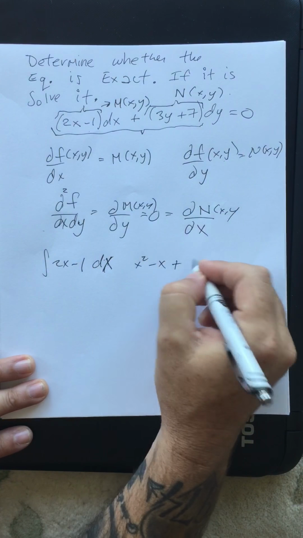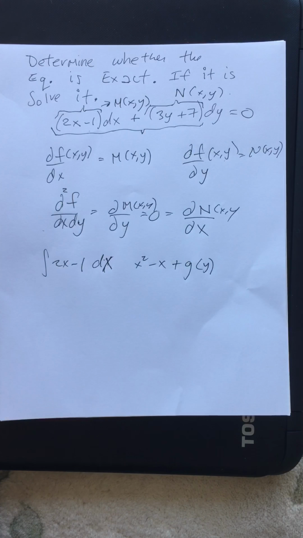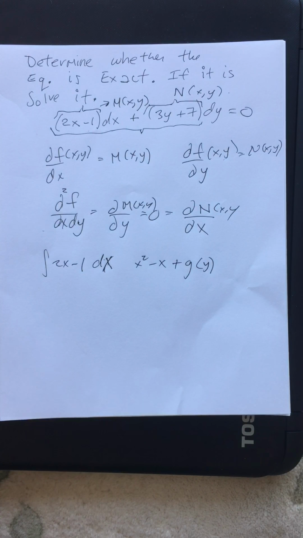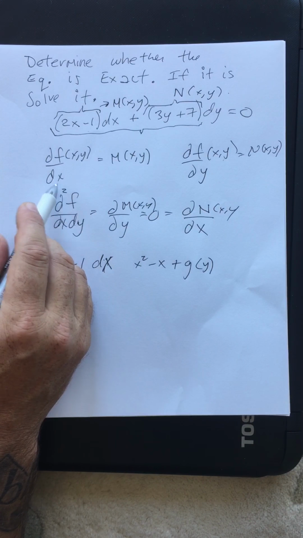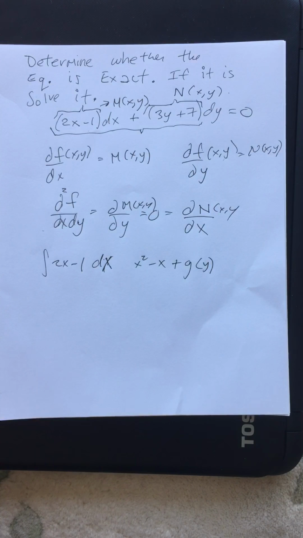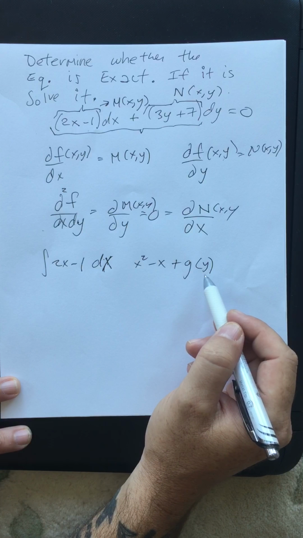But you're going to have plus g(y), which is all of the y terms that got eliminated when you differentiated this function with respect to x, because when you differentiate with respect to x, you treat the y's as constant. So we lost them because they were just 0. Does that make sense? So here's our representative function g of y.